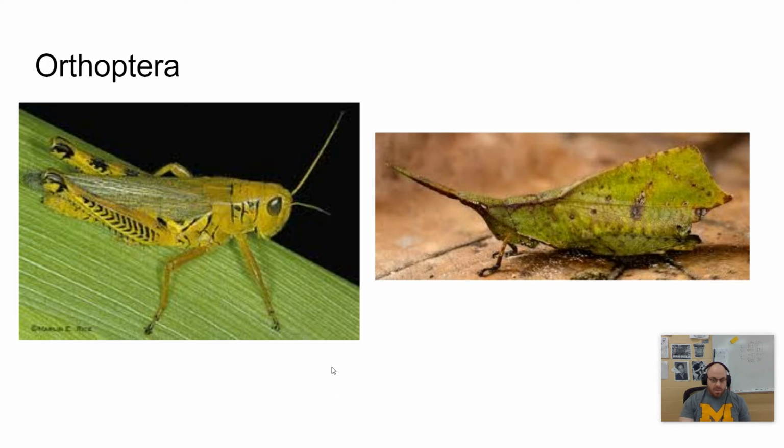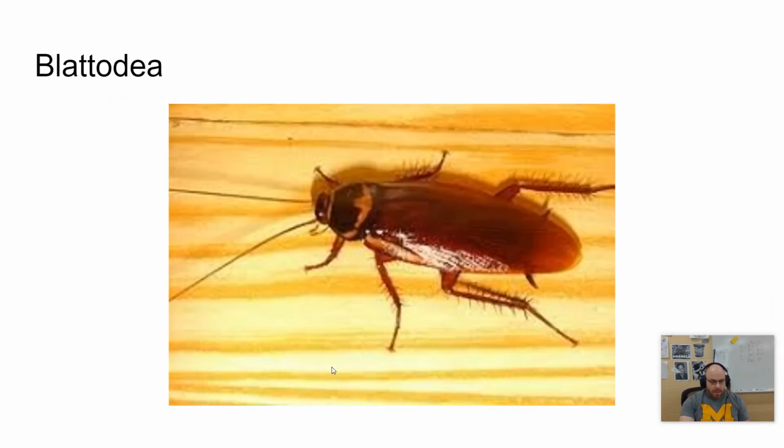Locusts are historically known to destroy civilizations because of their ability to eat. And so locust swarms have a very big place in history. But this encompasses grasshoppers and that whole group.